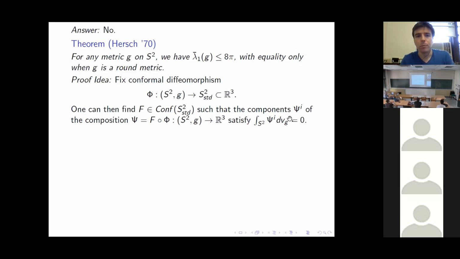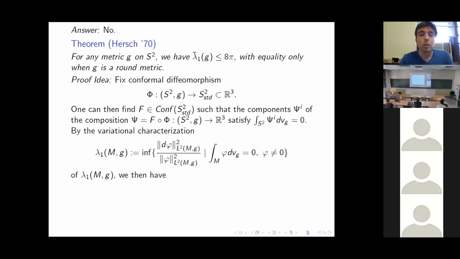So why is this useful? We know by the variational characterization of the first eigenvalue by Rayleigh quotients that if we have any function of 0 average, then its L2 norm squared times the first eigenvalue is controlled from above by the energy. In particular, applying this to these balanced components psi i of our conformal diffeomorphism, we have that the energy is bounded from below by lambda 1 times their L2 norm.